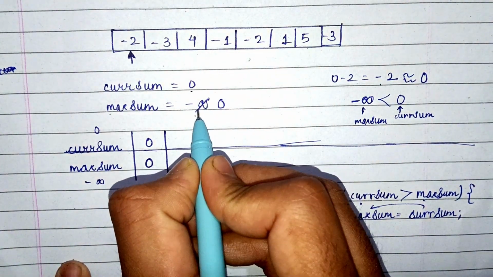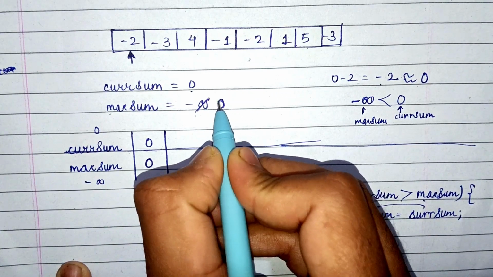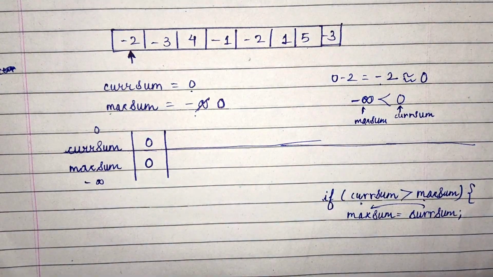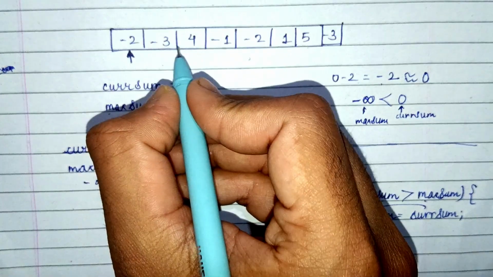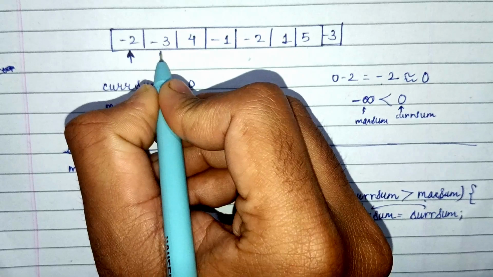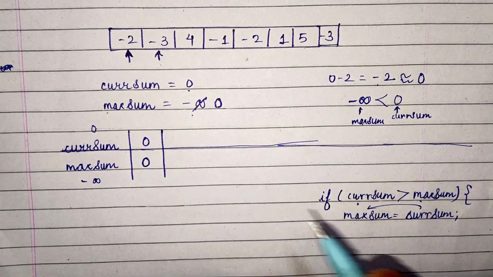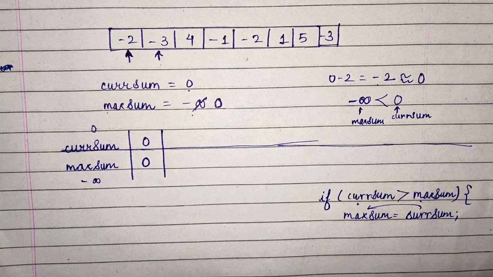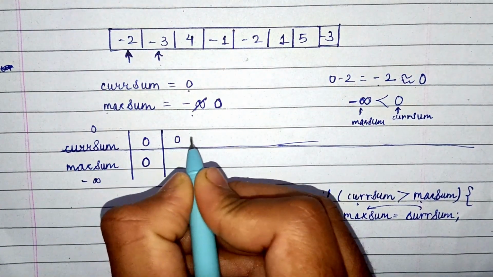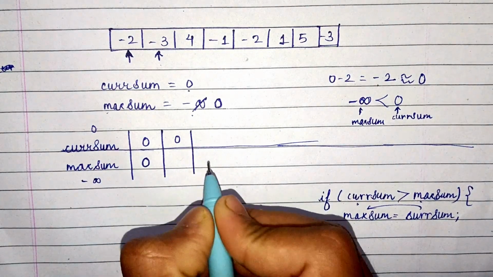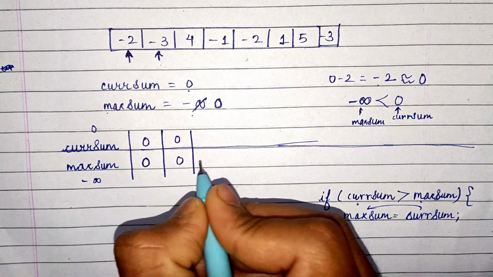So we have updated the maximum sum. Now the compiler will go to the next element. It will compare 0 minus 3. Obviously the answer will be negative only. Then again the current sum will be 0 and the maximum sum will also be 0.